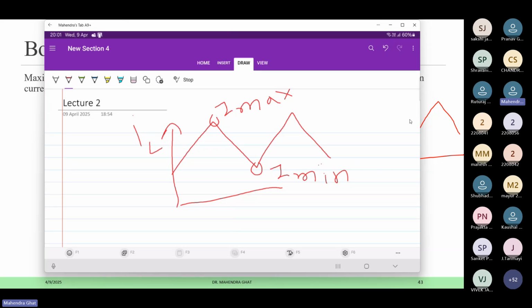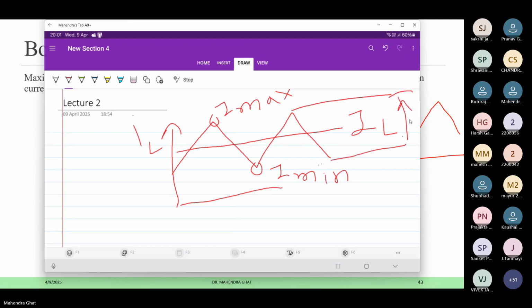Whatever IL we are saying is the average current, which is here. This value we are saying as delta IL. So the total delta IL is from here to here, around this IL average value. If we take the average of this triangular waveform, this will be delta IL by 2, and again here also you will get delta IL by 2.